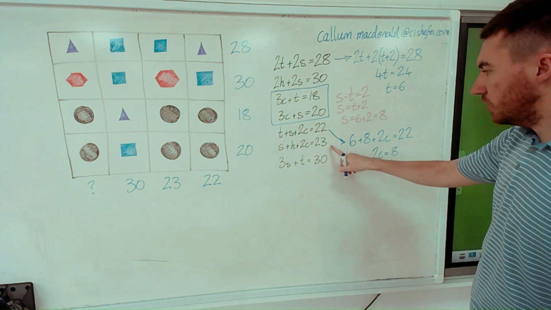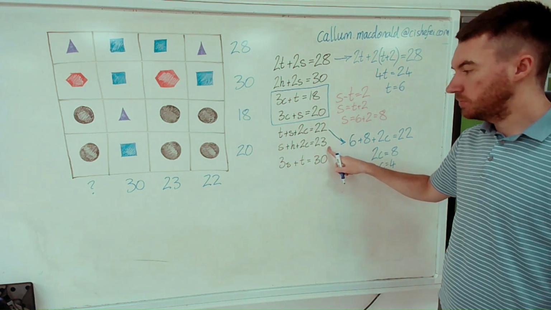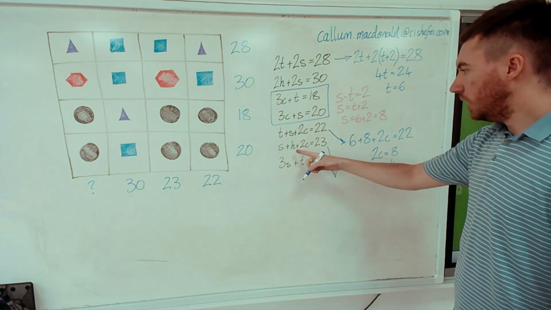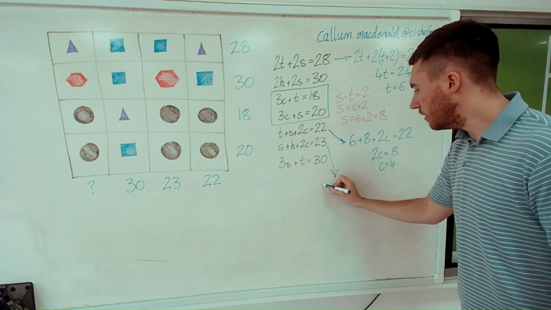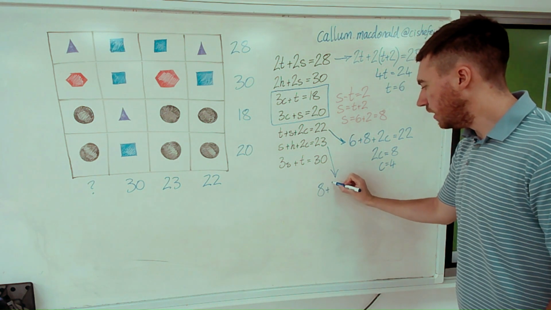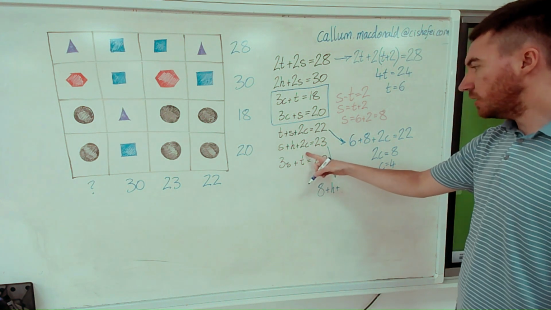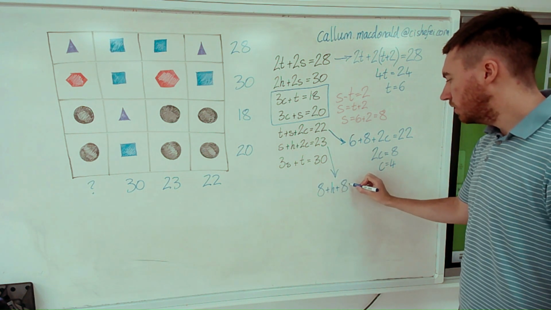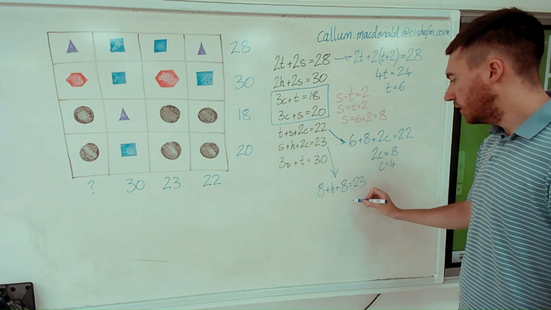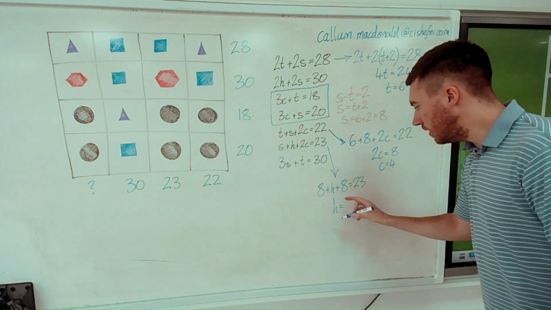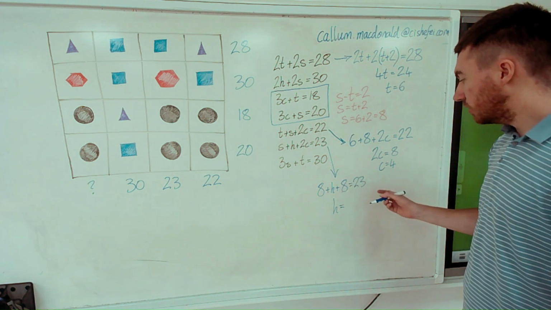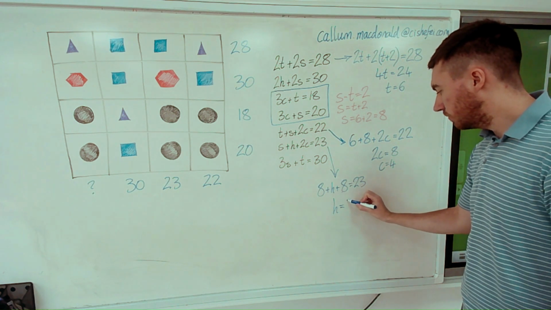Okay, then I'm going to do this one to solve for H. I got S is 8 plus H plus 2C. C is 4. So 2C is 8. Equals 23. And I will take away 8 and take away 8 again to get 7.